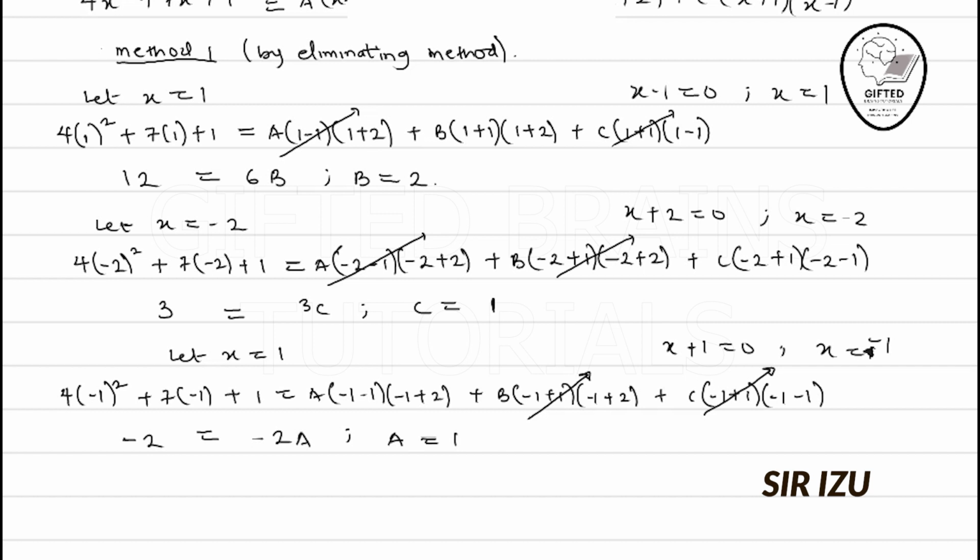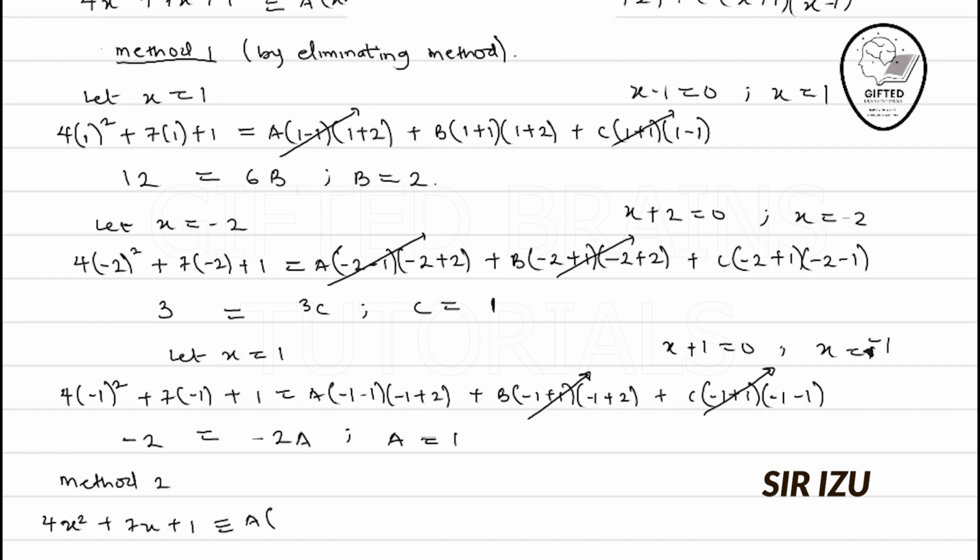If we still choose to use the second method to get our a, b, and c, it's by comparison. I'll just do that second method shortly so that we can also get conversant with it, whichever method, so it doesn't look like you are seeing something different in partial fraction. So this is where we are, and we want to use the second method: 4x squared plus 7x plus 1, which is the method that will lead to simultaneous equations.